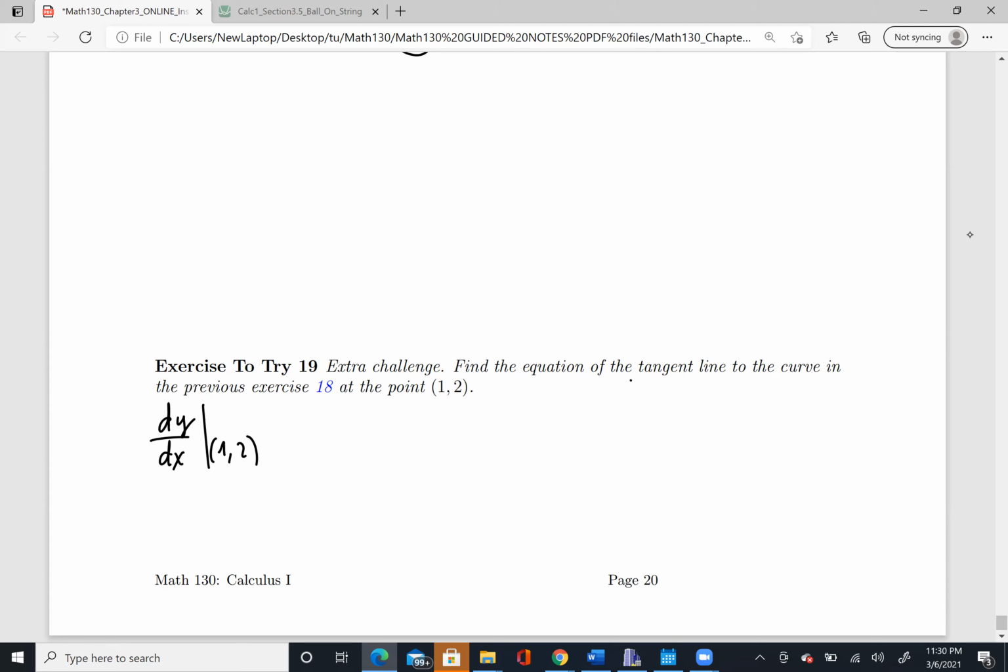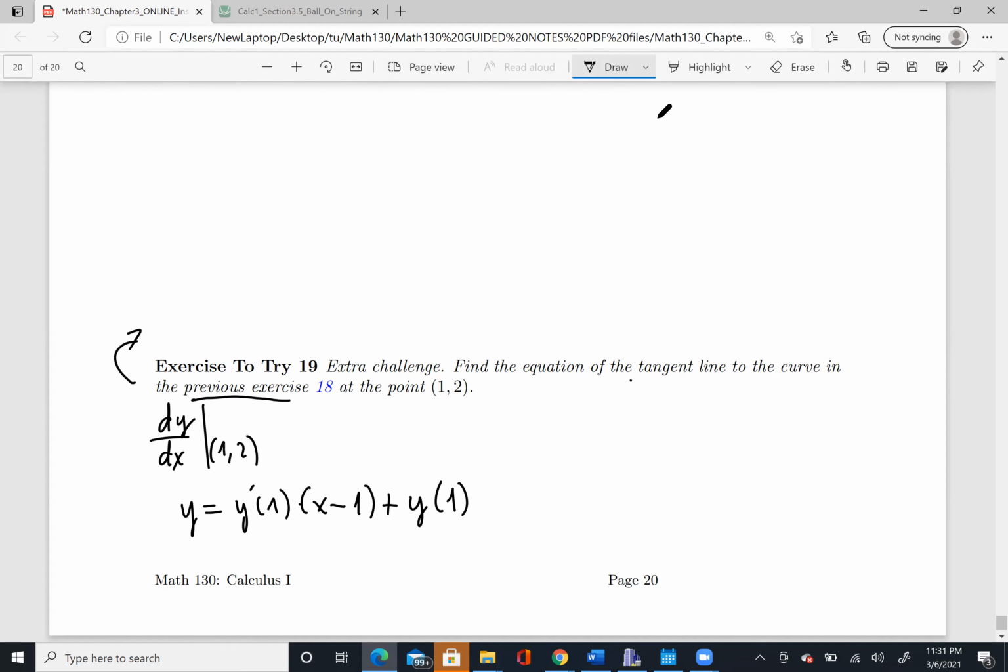It's a pivot exercise, which means you have to use the information from both sides in order to solve this problem. After that, you apply the formula y equals y prime of 1 times x minus 1 plus y of 1. After that, you will have the answer.